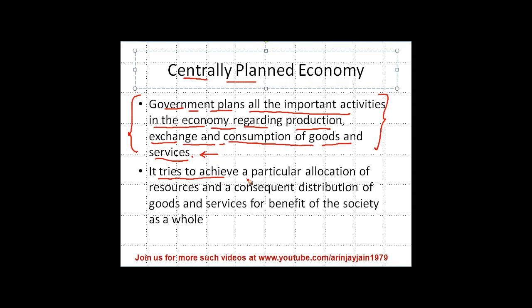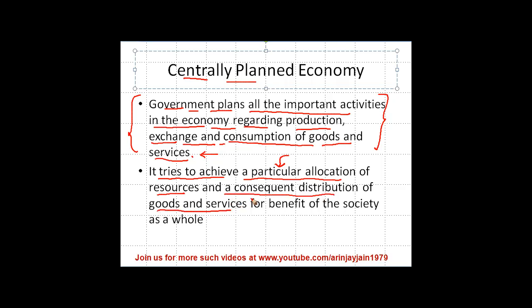It tries to achieve a particular allocation of resources. What's the guiding factor behind this allocation of resources? Again, the guiding factor is that everyone in the country should get benefited out of it, and consequent distribution of goods and services.